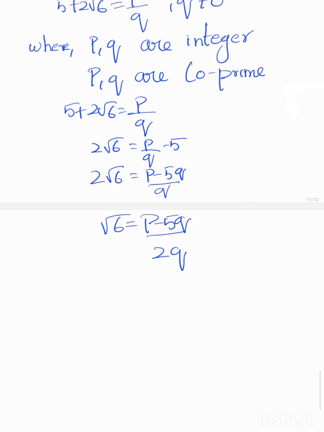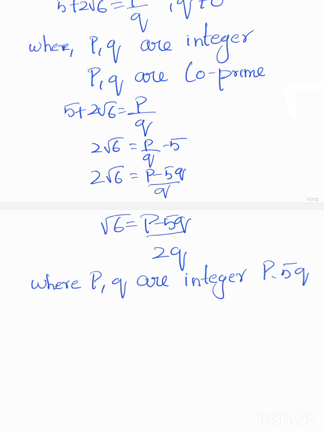Now we know that p and q are integers. So if p and q are integers, both p minus 5q and 2q are also integers. Both numerator and denominator are integers, so we can say this is in the form of a rational number.